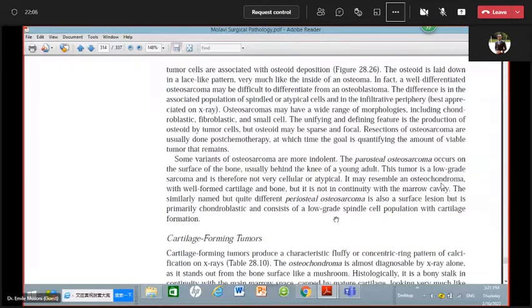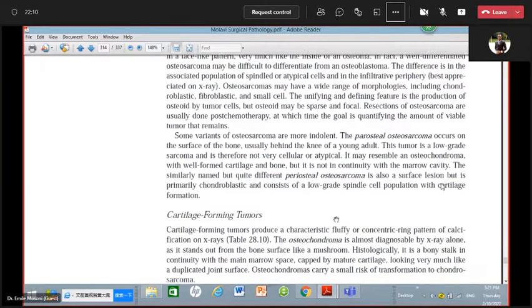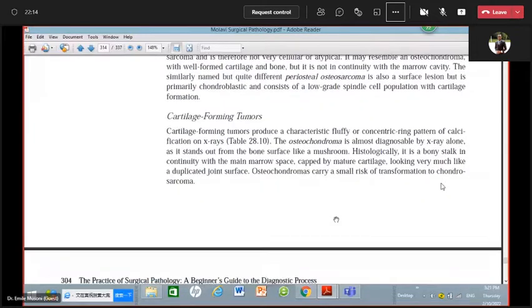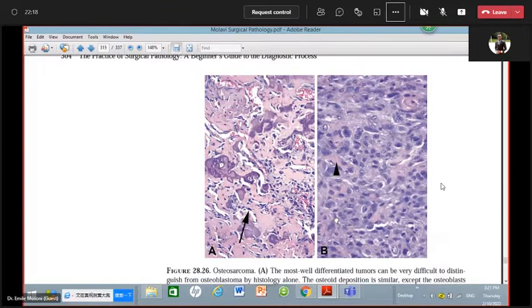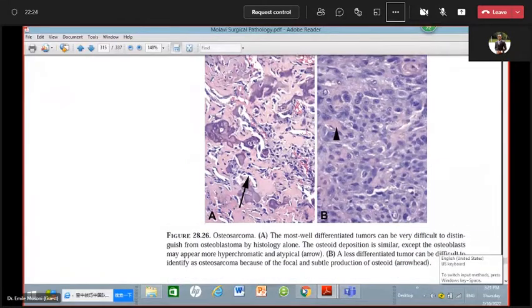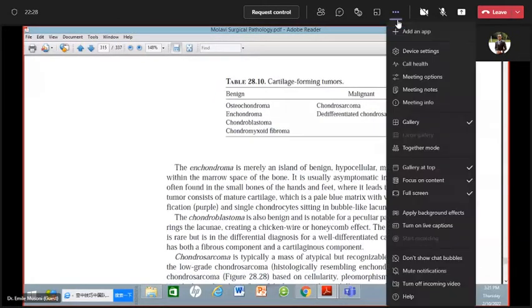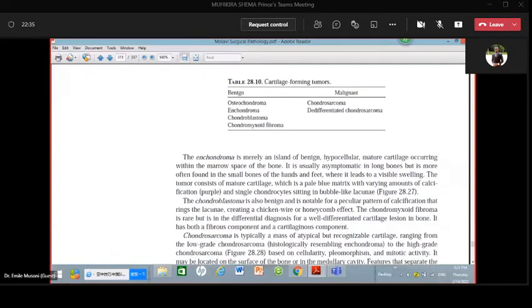There are some cartilage forming tumors, like osteochondroma and chondrosarcoma. There are also enchondromas. These are benign tumors of the cartilage.